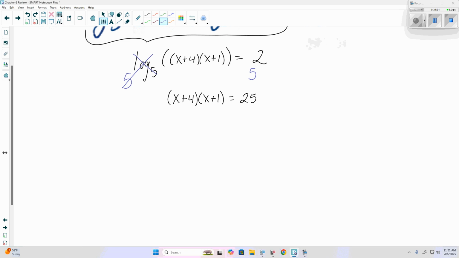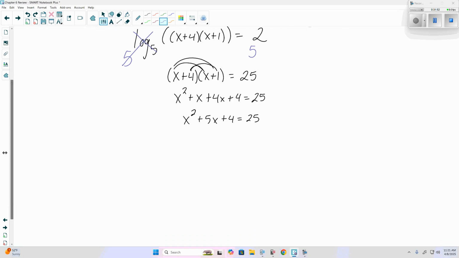Now on the left-hand side, we can distribute this out. We've got to distribute to solve. X times x is x squared. X times 1 is x. 4 times x is 4x, and 4 times 1 is plus 4. Since we do have an x squared term and an x term, we do need to get this equation equal to 0.